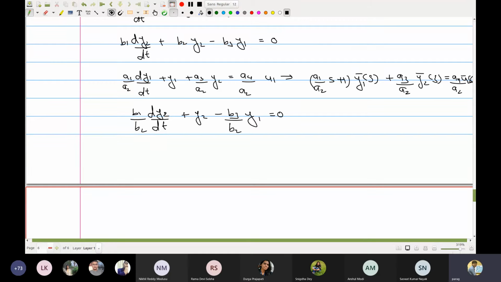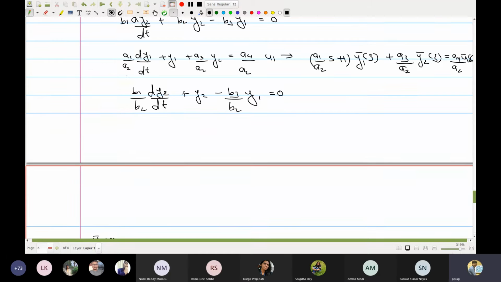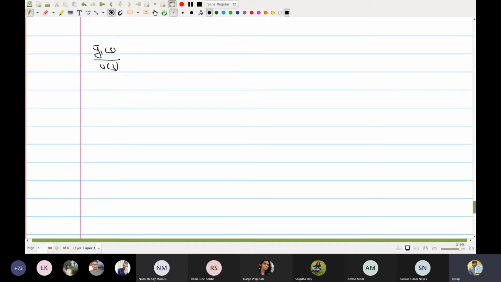Since these are all trivial mathematical steps, I have already done this for you. I'm writing the final expression. We would ideally like to analyze how these systems work.